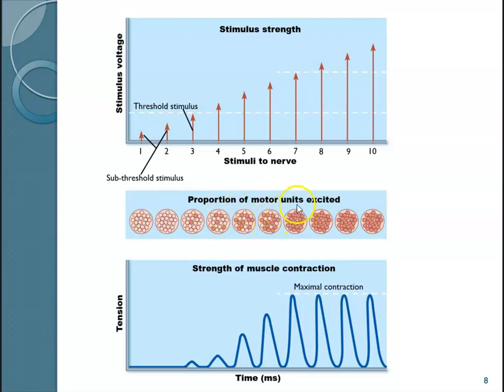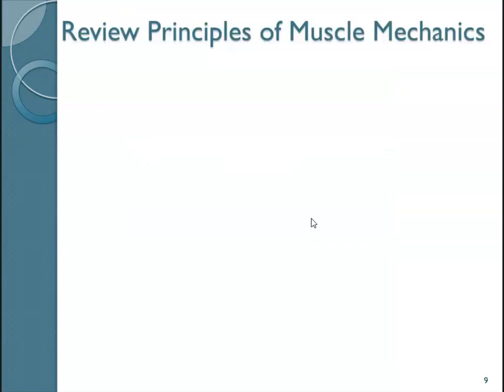And then there will be a maximum when we have recruited all of those motor units. So sending stimulus strength higher than that will not yield more tension. You can see an increase, and then it reaches maximum when all of the muscle fibers within that muscle as an organ have been stimulated.